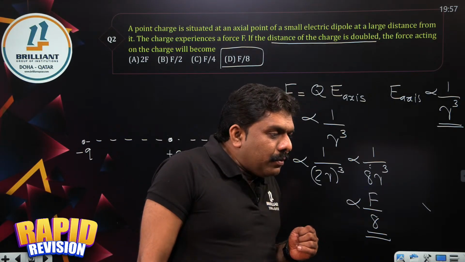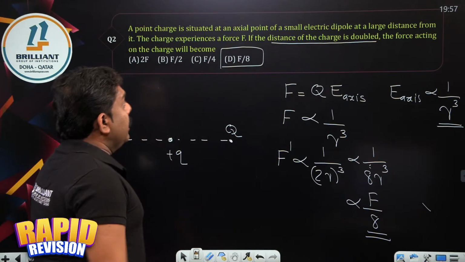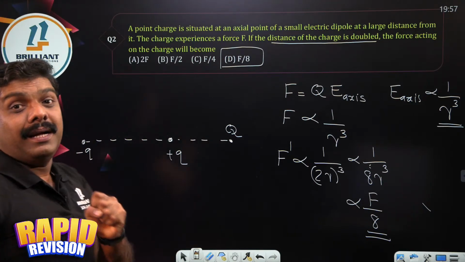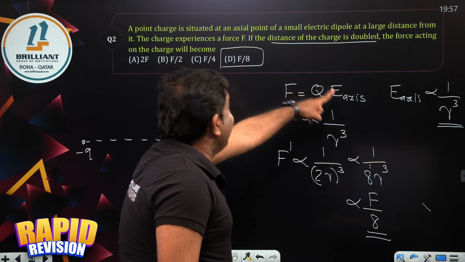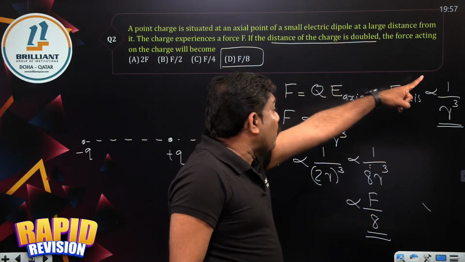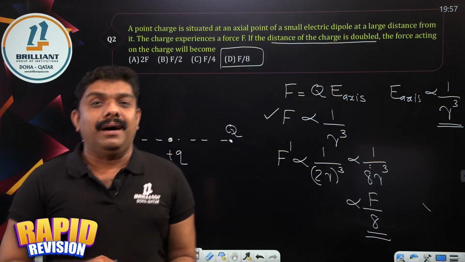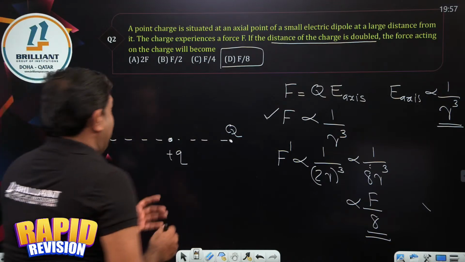Sir, is this an NCERT question or a PYQ? It's a previous year question and a highly probable question for examinations. Here the electric field is proportional to 1 by r cube, so the force is proportional to 1 by r cube. That is the second question that we completed.